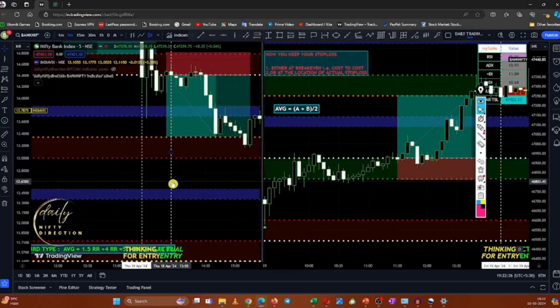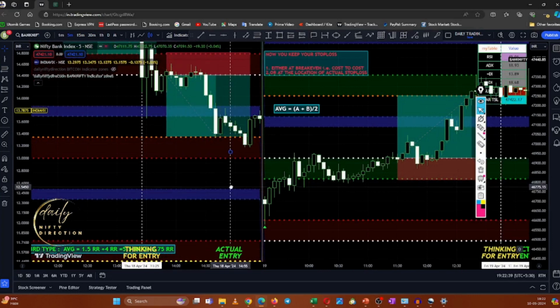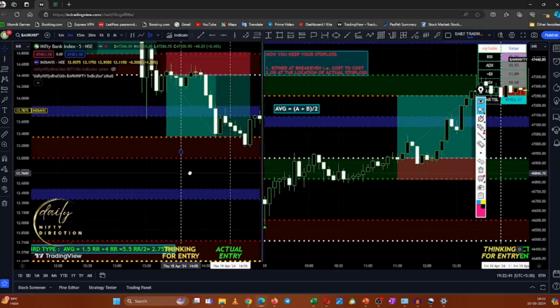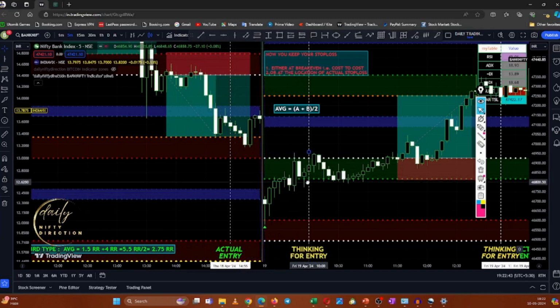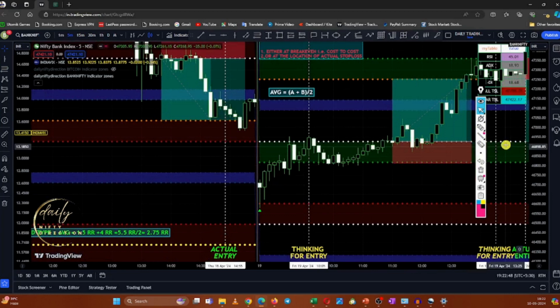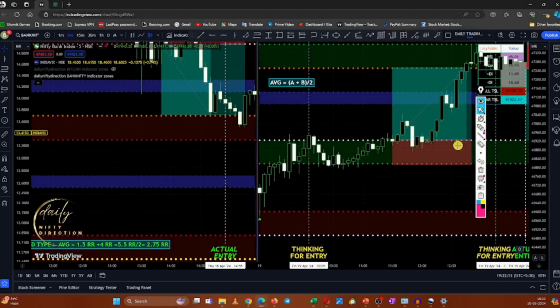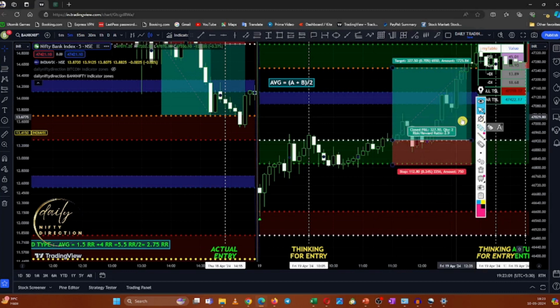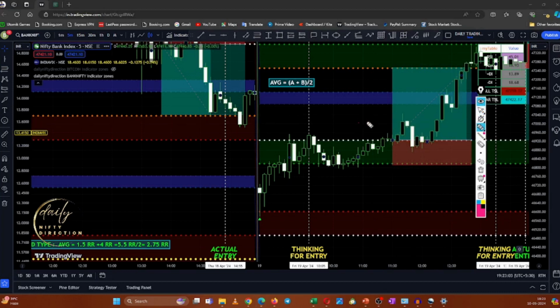Similarly, let us see how you will take the trades. On this very first breakout, you will never take your entry. You are waiting for it to test your stop loss and then break out.